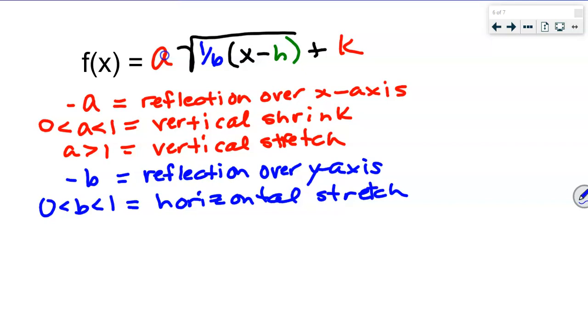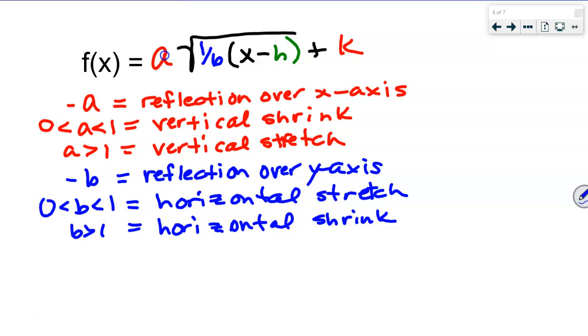S-T-R-E-T-C-H. Be great if I could write, huh? And when B is greater than 1, this time it's going to be a horizontal shrink, again by a factor of whatever B is.